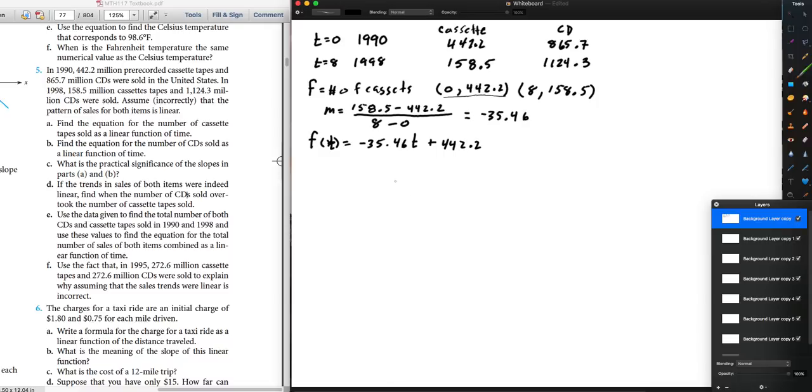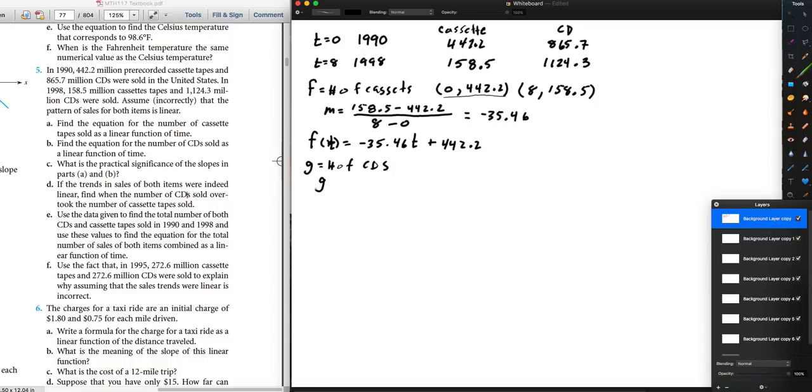You're going to go through the exact same set of steps to get the equation for the CDs. So we'll let G be the number of CDs. If you calculate the slope for that one, it comes out to be 32.33. You're going to use these two values this time.